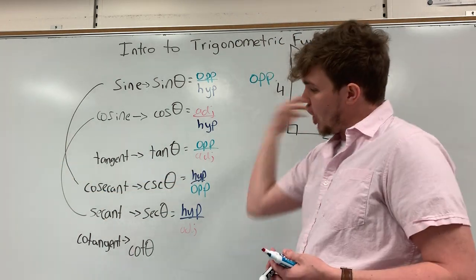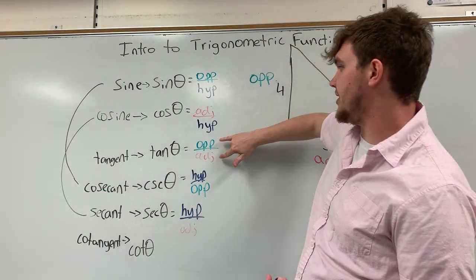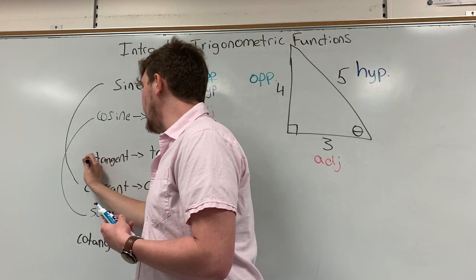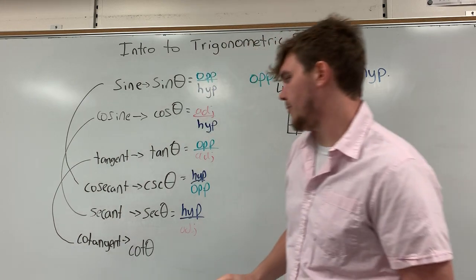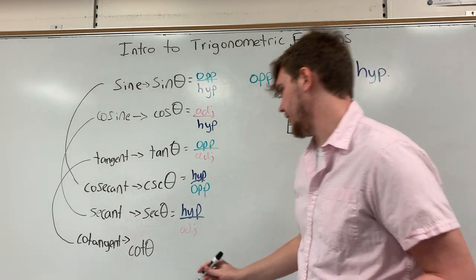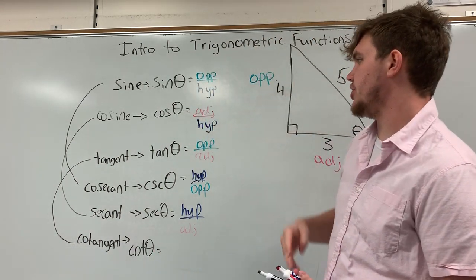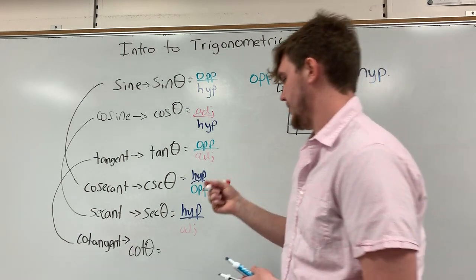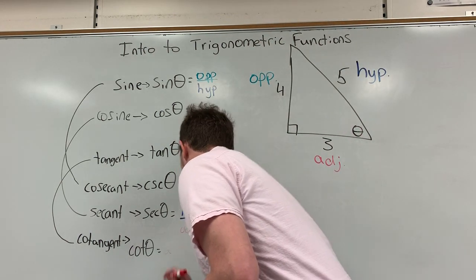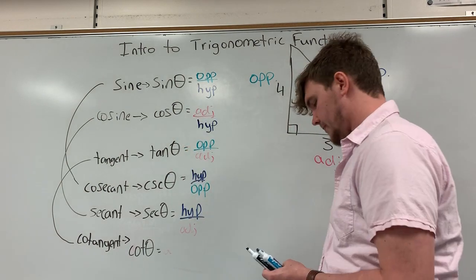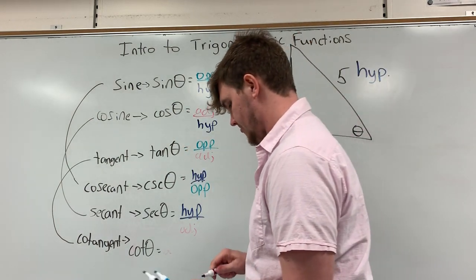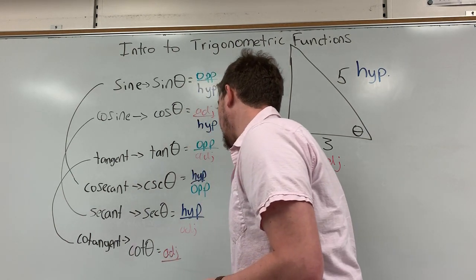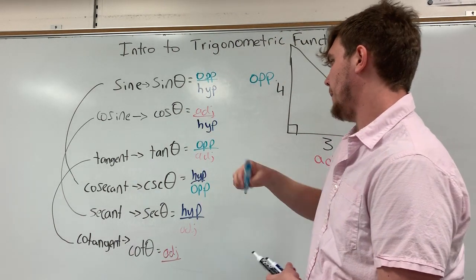The cotangent is the reciprocal of tangent. And this is the one I apologize for my massive brain fart earlier. The cotangent is the adjacent divided by the opposite.